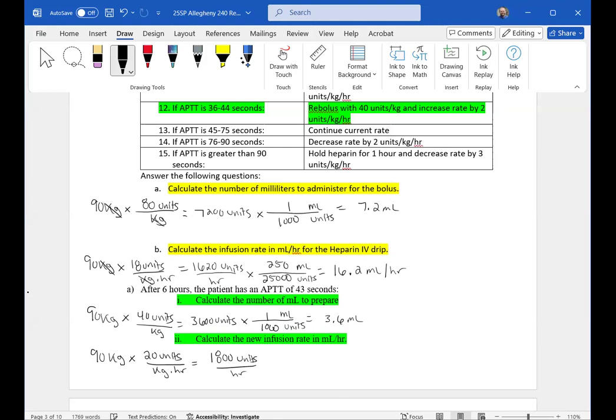And then the same thing, I want to convert units per hour to milliliters per hour. But basically, I just want to convert units to milliliters. We don't use the bolus information. We go back to our IV. So remember that was the 25,000 units, 250 ml. And we're going to get 18 mL per hour.